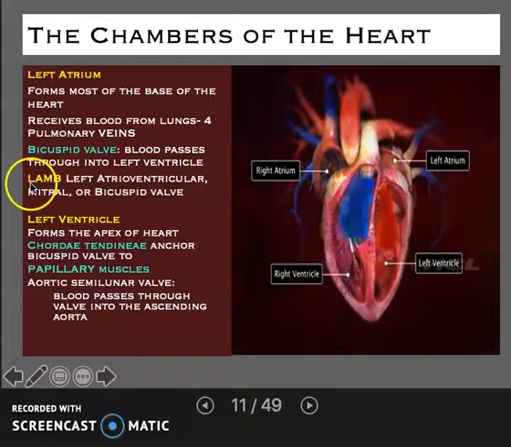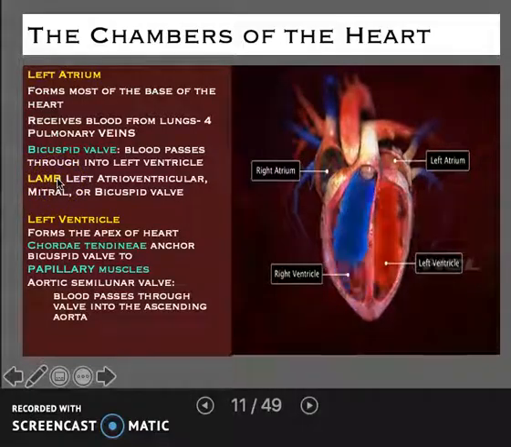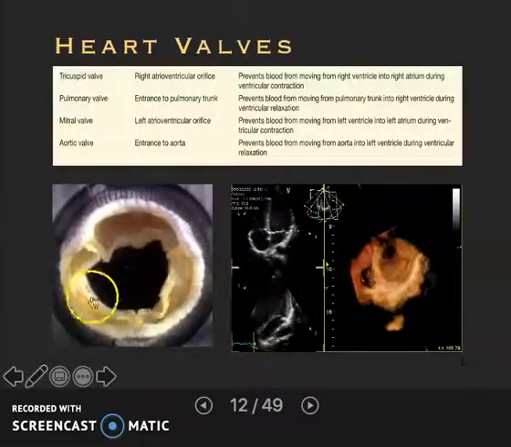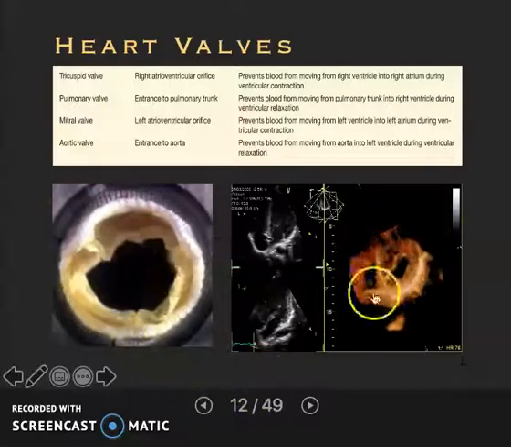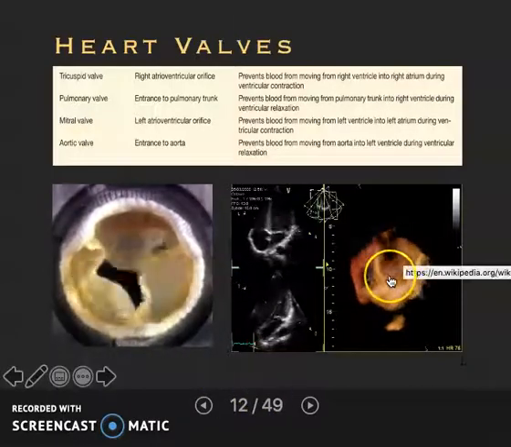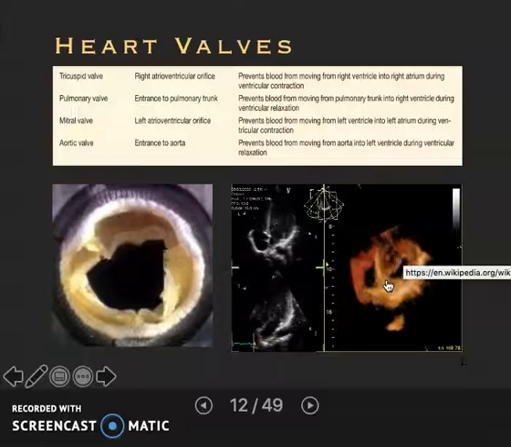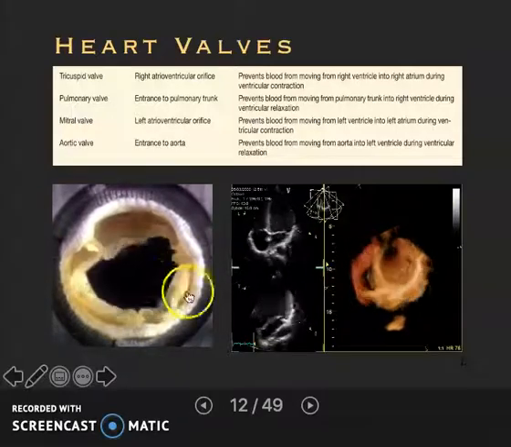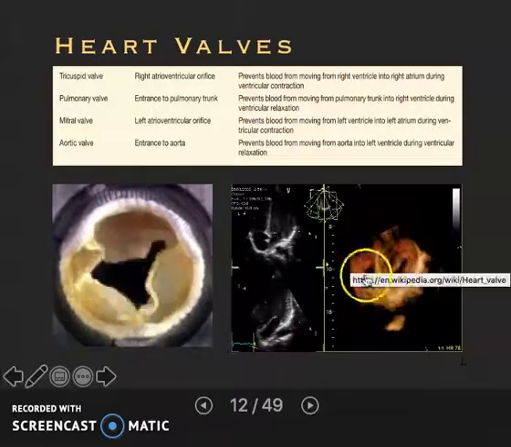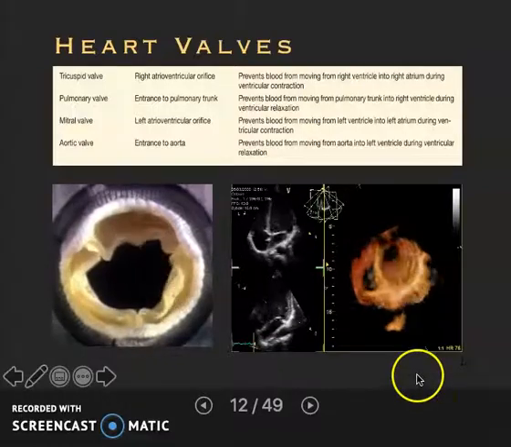So LAM is for left atrioventricular or mitral valve, also a bicuspid. So this is the tricuspid, it's in the right ventricle, and down here I can see an example of a bicuspid valve or mitral valve. Tricuspid, bicuspid. Bicuspid is also called the mitral valve.